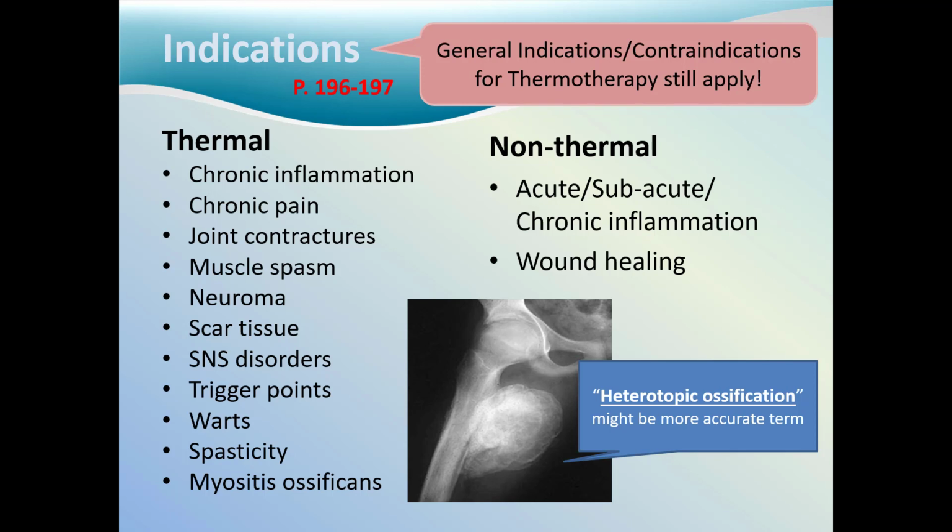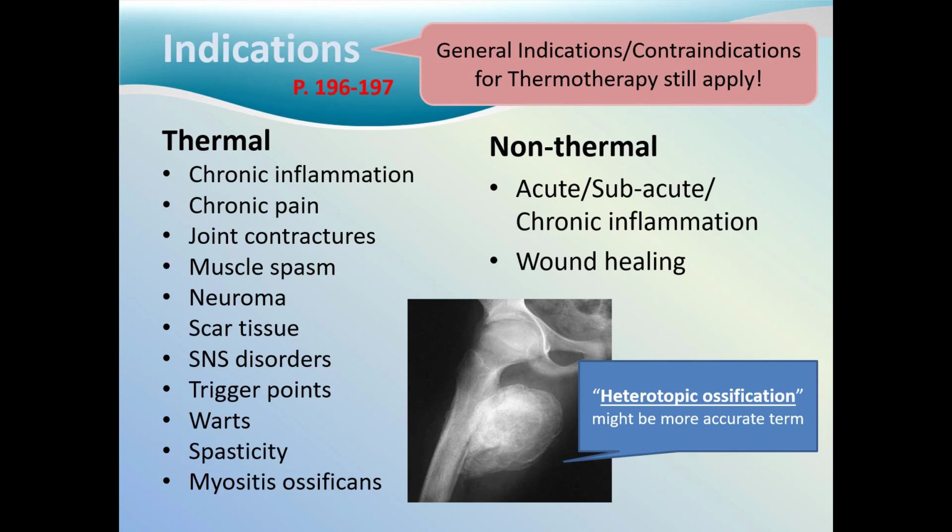The indications for the use of therapeutic ultrasound are fairly broad. The indications for the use of thermal effects of ultrasound include chronic inflammation, chronic pain, joint contractures, muscle spasm, neuroma, scar tissue, SNS disorders, trigger points, warts, and spasticity.